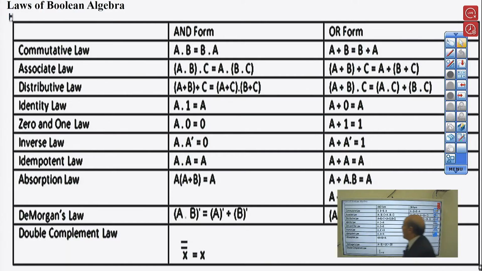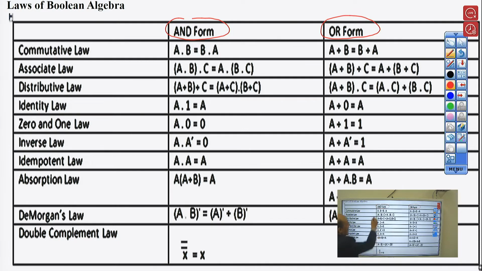Laws of Boolean algebra. These are the laws of Boolean algebra. We are going to prove some of these laws by means of truth table or Venn diagram. This is the AND form, and this is the OR form.